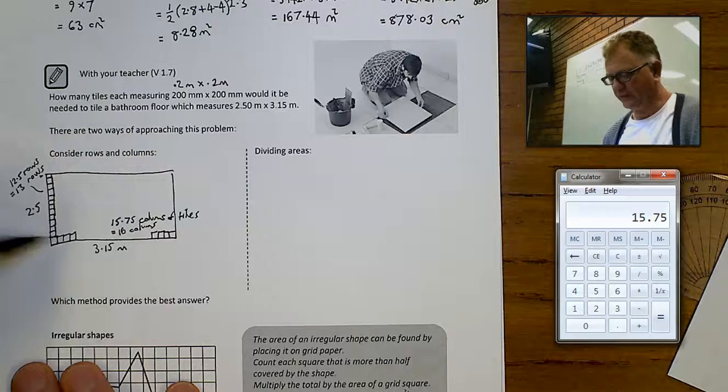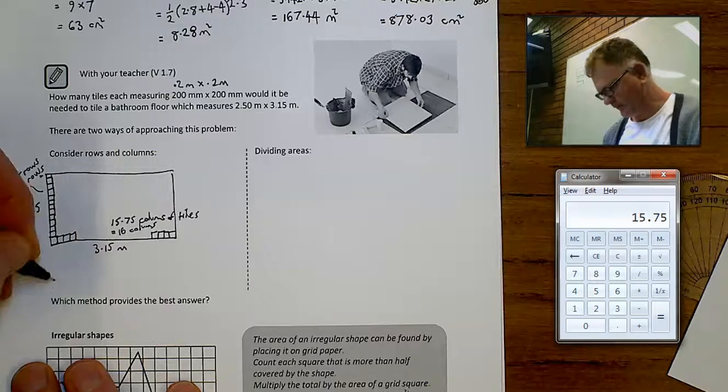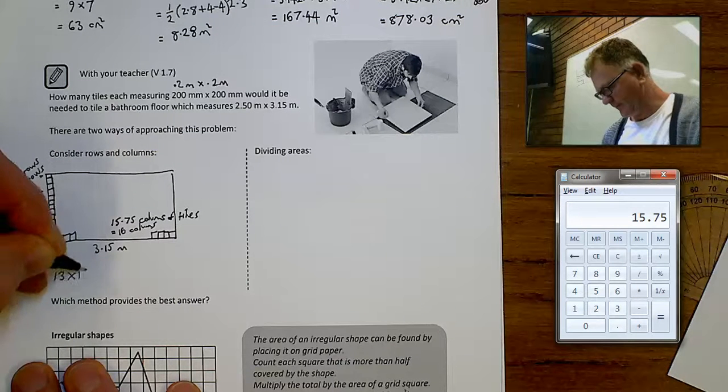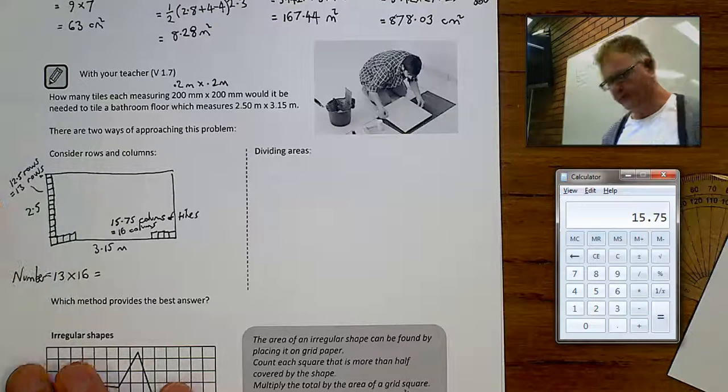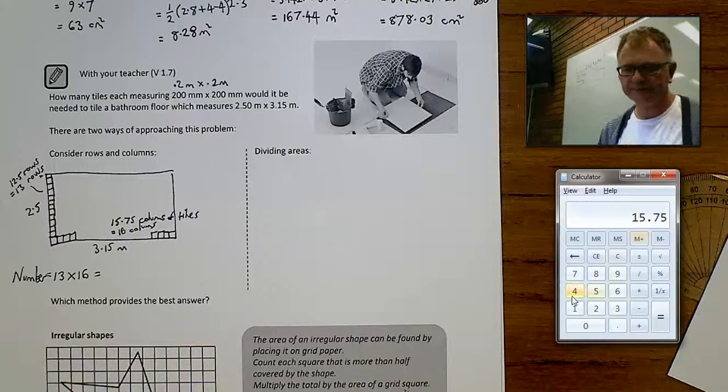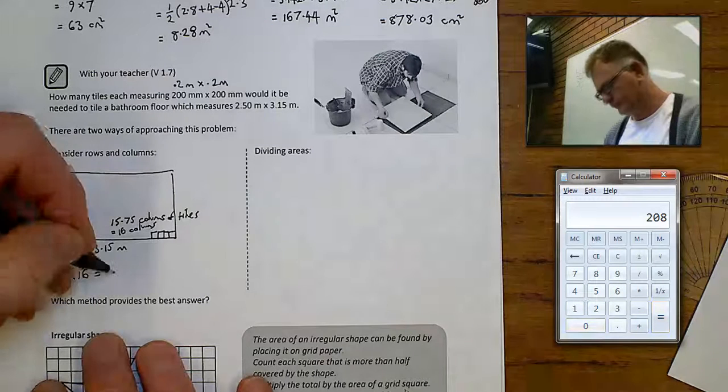So in terms of our thing, we need 13 rows by 16 columns. You need 208 tiles.